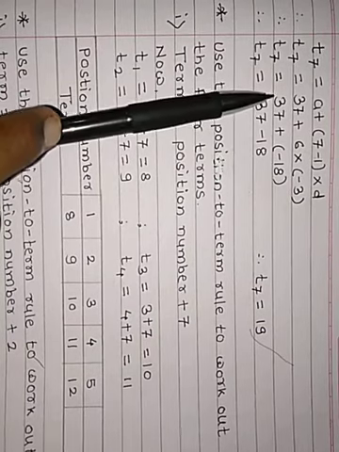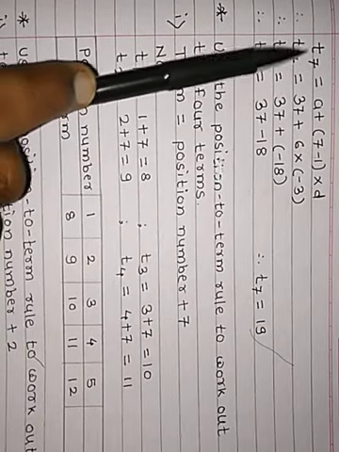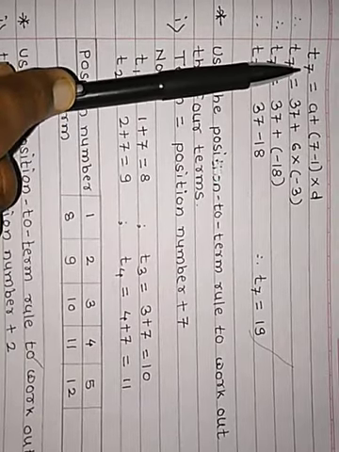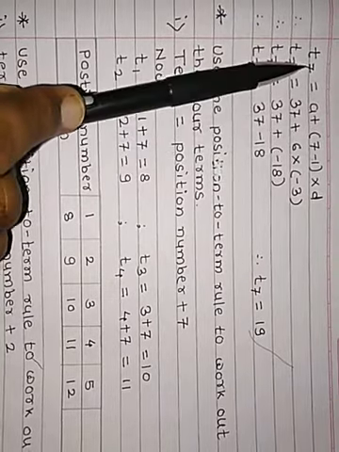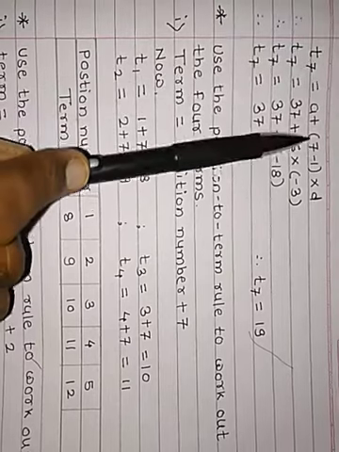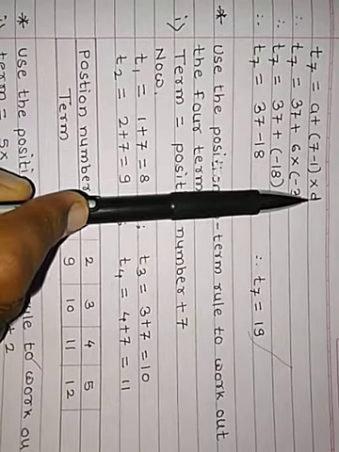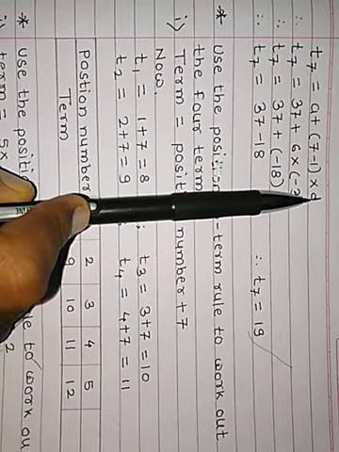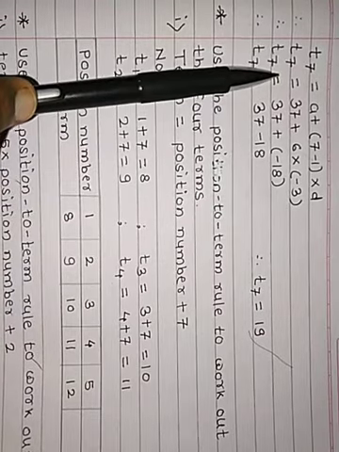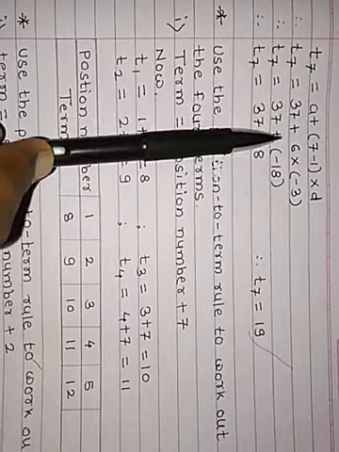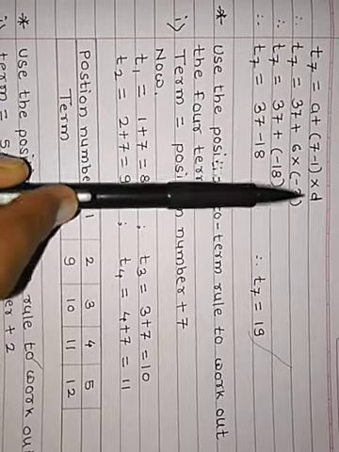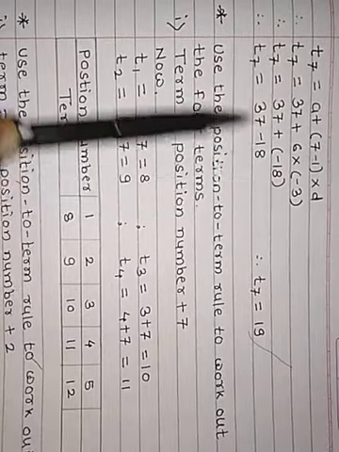Now we will find the seventh term of the sequence. Therefore, T7 equals a, that is the first term, plus we have to take n as 7 here. So (7 minus 1) into the term to term rule, that is minus 3. Therefore, T7, the 7th term of the sequence, equals a, which is 37, plus (7 minus 1), which is 6, and d will be minus 3.